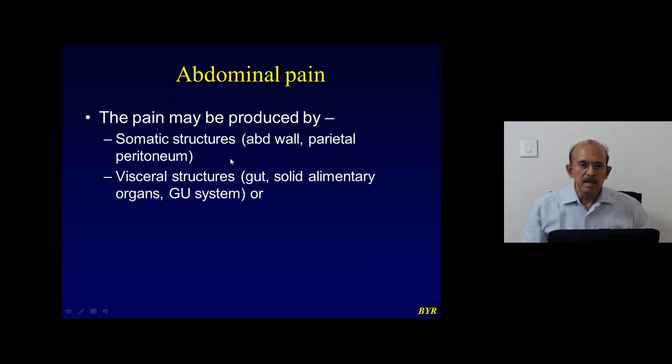So somatic structures are those that develop from the ectoderm and mesoderm. The visceral structures develop from the endodermal tube. The somatic structures are innervated by the spinal cord and cranial nerves. The visceral structures are supplied by the autonomic nervous system, that means the sympathetic and parasympathetic system. They supply the nerve supply to the viscera.